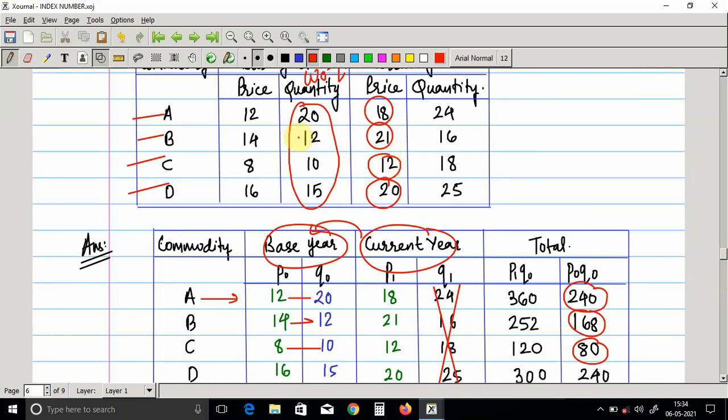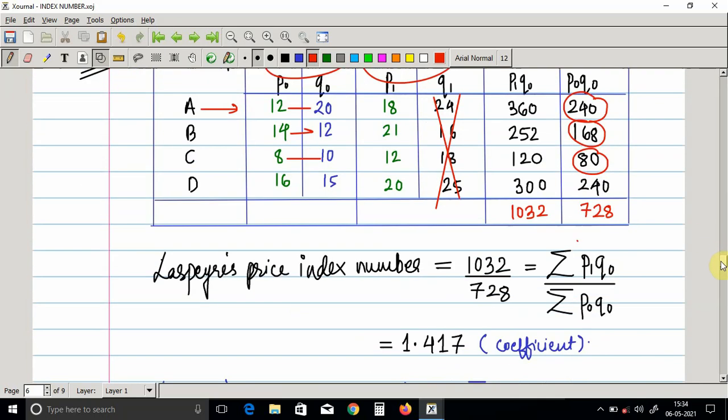I had given more weightage to commodity A. I'm not treating all the commodities with equal weightages, whereas in the simple aggregate method, the simple average of price relatives, equal weightage is given to all the commodities. That is a very bad thing about that method. So weightage is very important in real life.